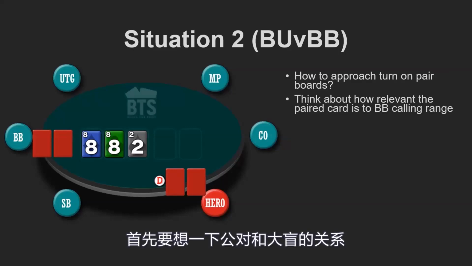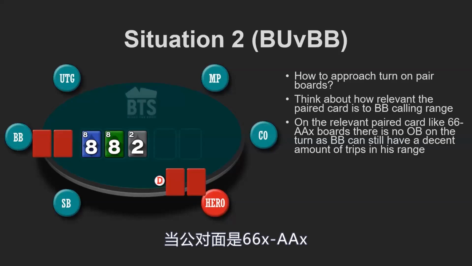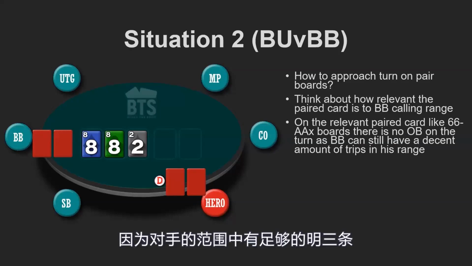What we need to be thinking about is how relevant the paired card is to the big blind's calling range. Whenever the paired card is like 6-6x to ace-x, we don't really overbet on the turn because villain can still have plenty of trips in his range.